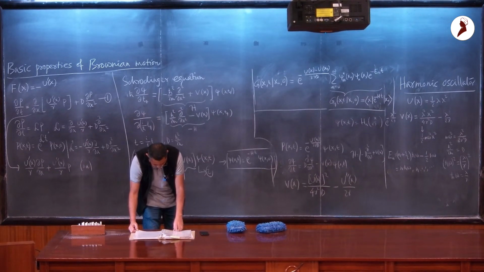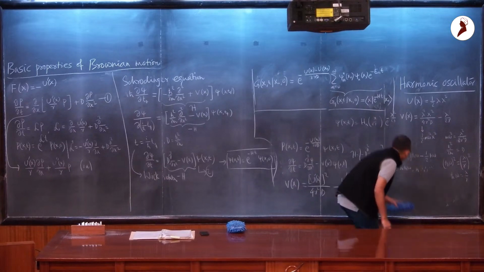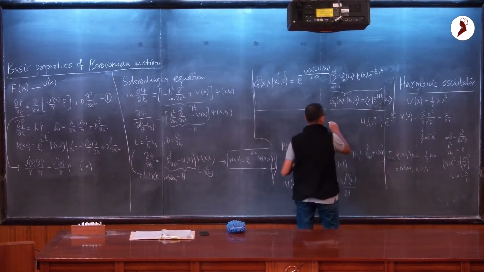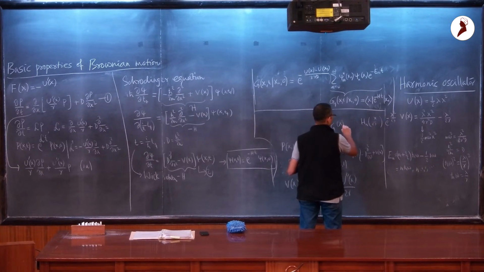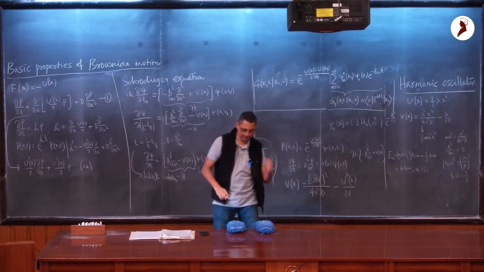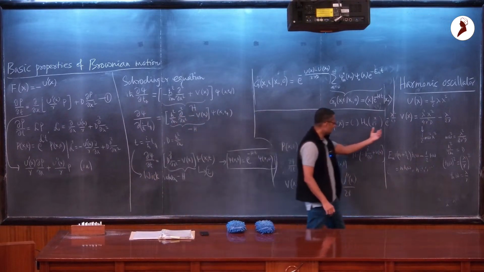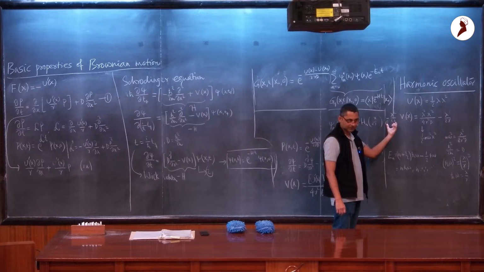So ψ_n(x) is, there's something here. I will not write it down, so you can look it up. I have it here, but it is not going to matter. The only thing is that this Gaussian is the same everywhere, right?